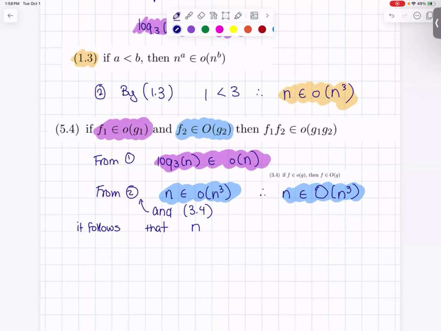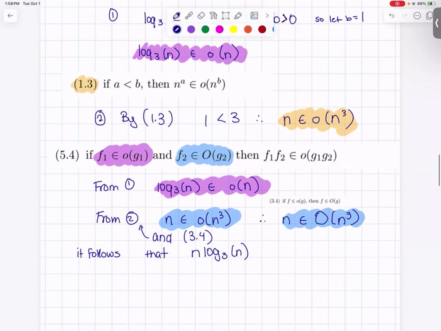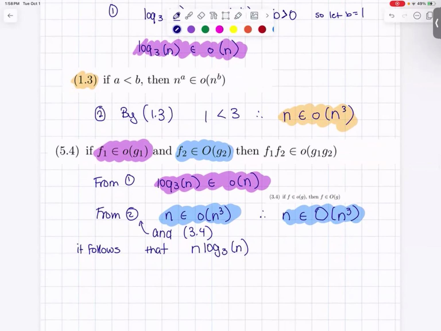F1, which is n, and F2, I guess I have them backwards, but that doesn't matter because it's just multiplying them together, is going to be n times, multiply these two functions together to find that we are in big O of n cubed. And therefore we have proven what we set out to prove originally.